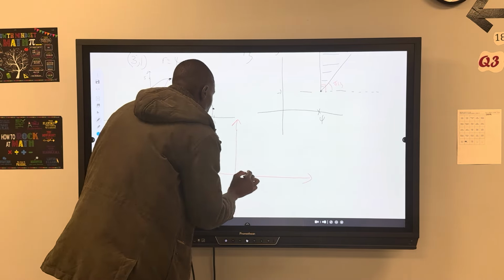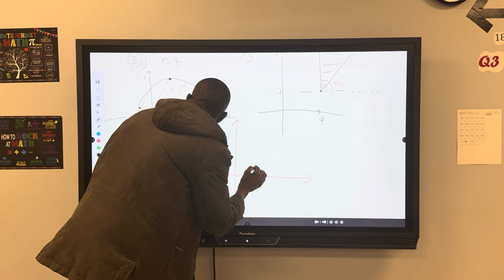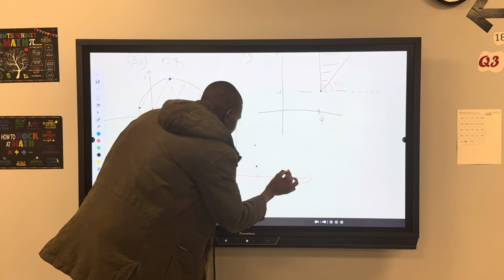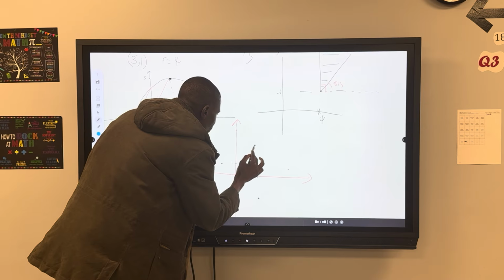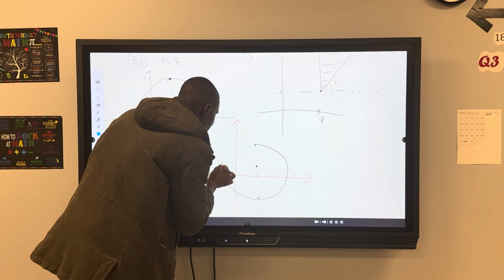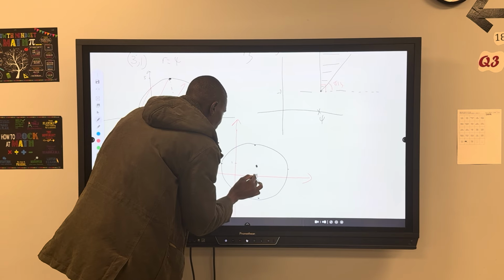It was 3, 1. It was somewhere there. Then we estimated something there. We put something there, and there, right? So we have our circle here. This point here is very important, 3, 1.